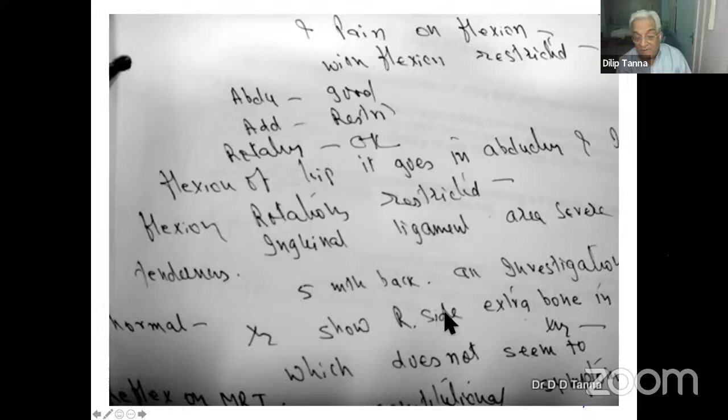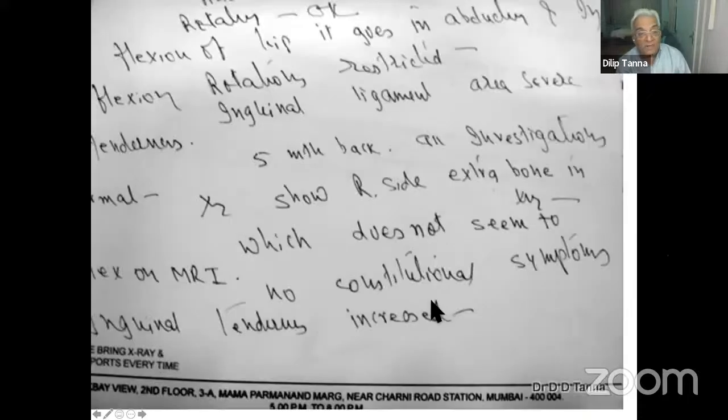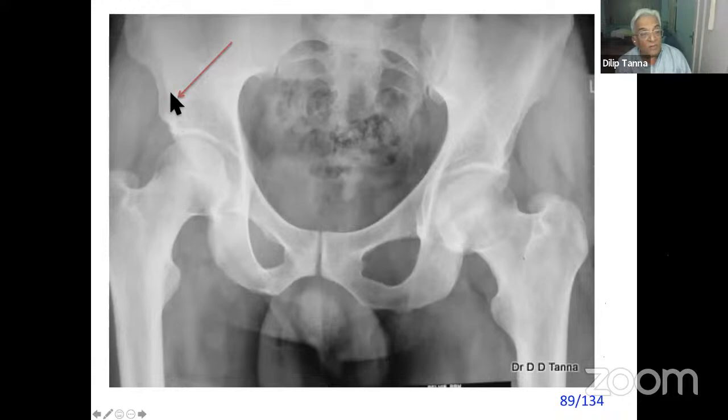X-ray shows a right-sided extra body, which does not seem to be symptomatic. The MRI is normal, no constitutional symptoms, and everything became perfectly normal. This was the only X-ray finding which could not be explained.